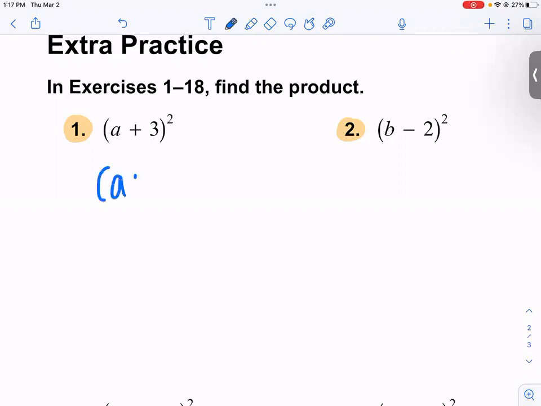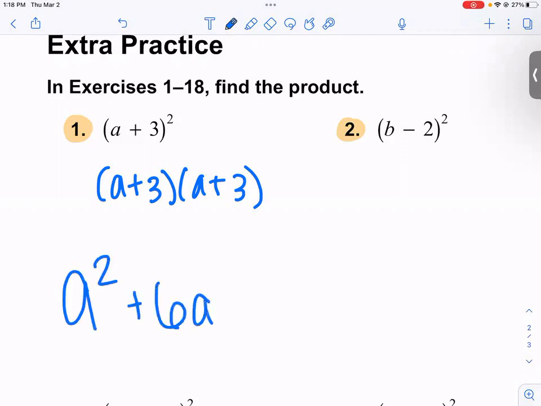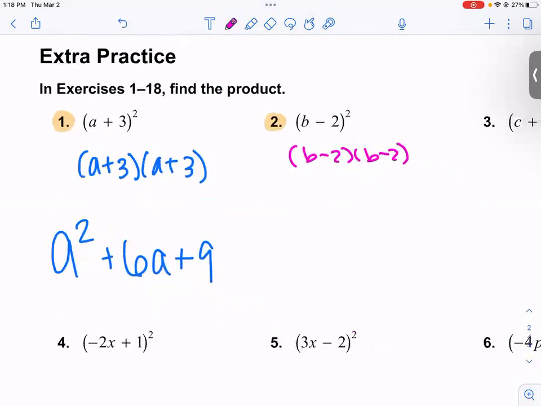When we write a plus 3 times a plus 3, Avery, what's our answer for number 1? Okay. And in number 2, when we write b minus 2 times b minus 2, and we FOIL that, Reagan, we get?